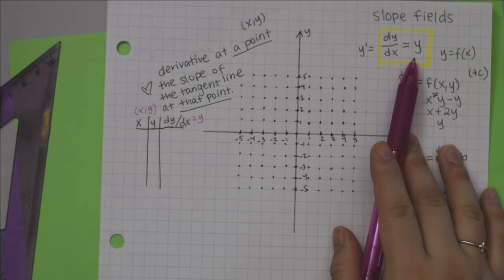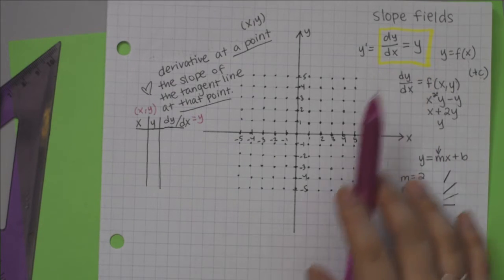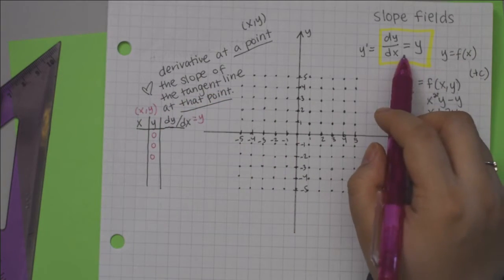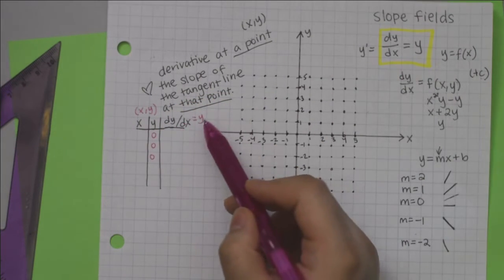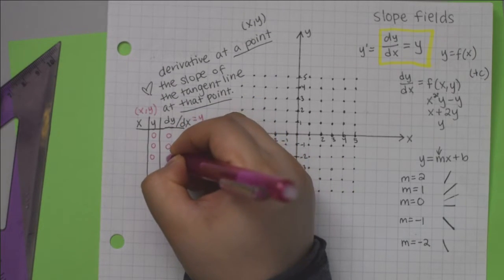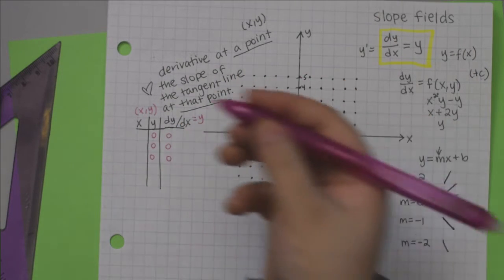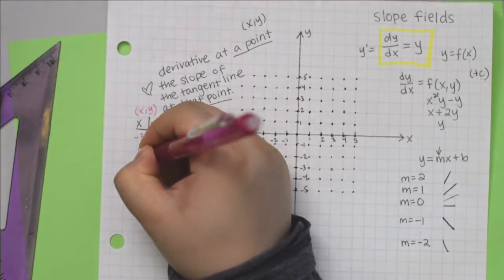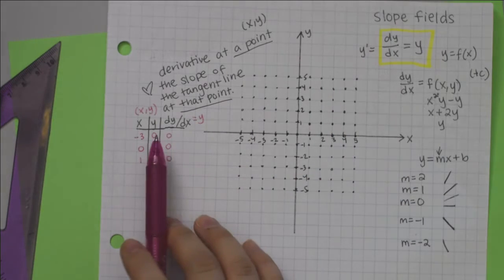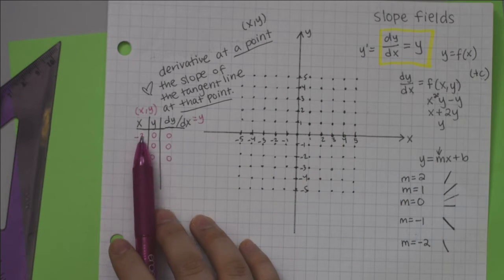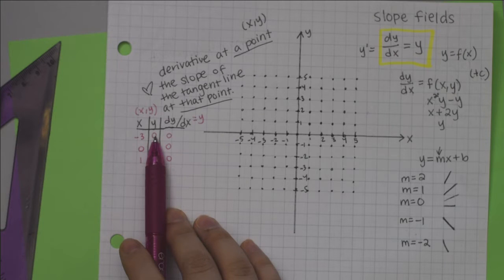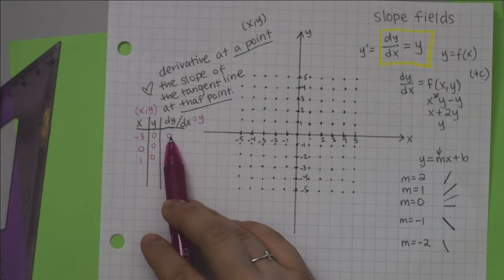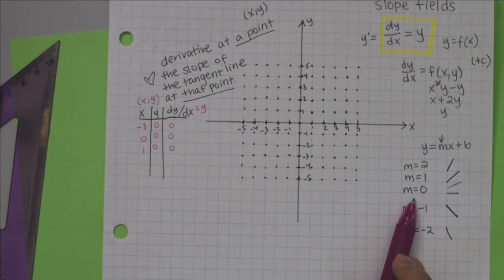So if y equals 0, my slope is going to be 0 because it's literally my y. And my x can be anything. So let's just pick some values for the sake of our table: -3, 0, 1. What that means is at the point (-3, 0), the slope of the little line that I'm going to draw is 0, which means it is horizontal.